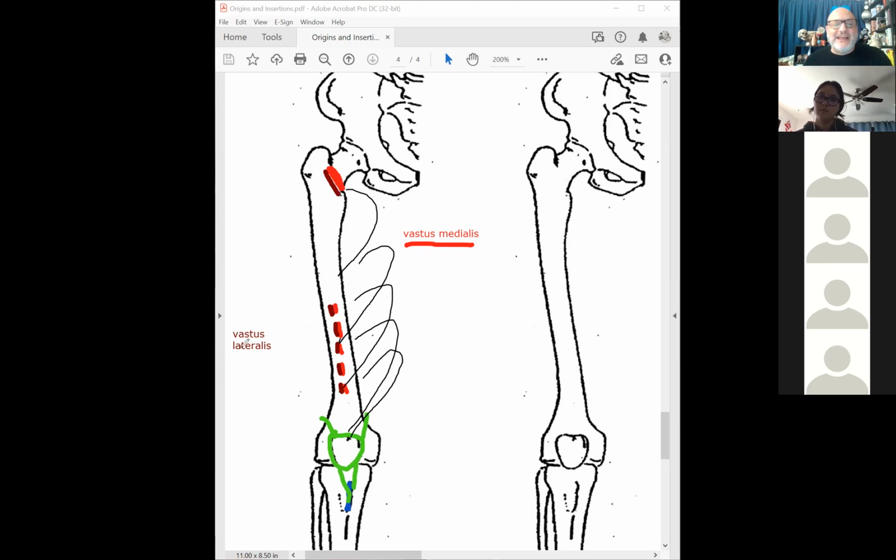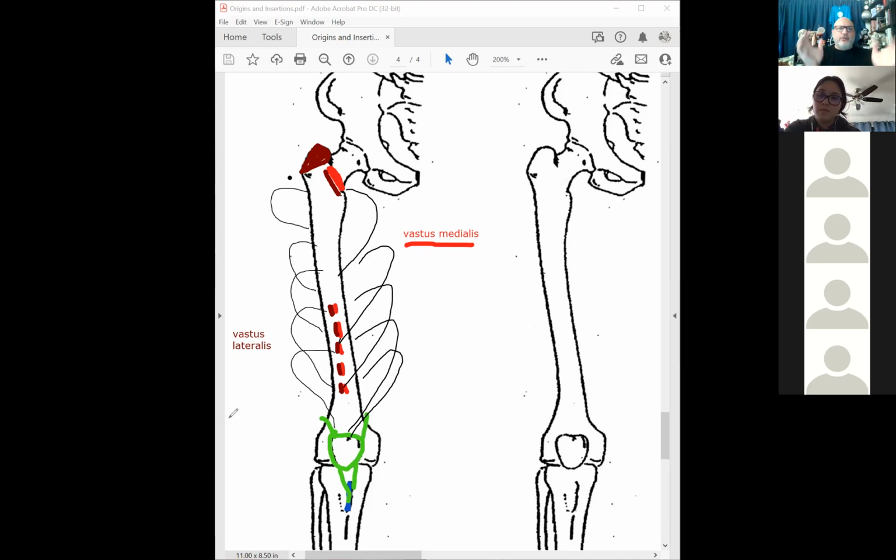But being a lateral muscle, not surprisingly, it also originates from the lateralmost point of the hip, which was what again? Greater trochanter. So this muscle also wraps around the leg on the lateral aspect of the leg and comes into the tendon.